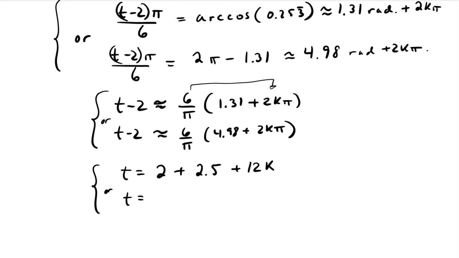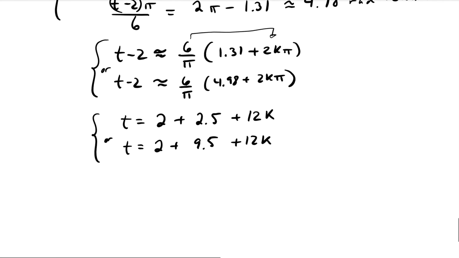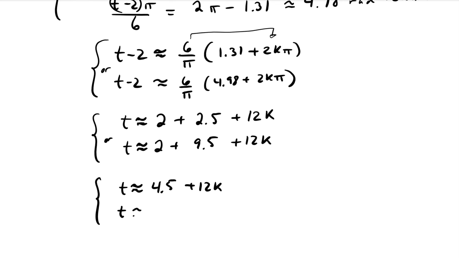Or t is 2 plus 9.5 roughly plus 12k again. Okay, and then adding that, so t is 4.5 roughly, plus 12k. Plus 12k makes sense, right? Because whatever max I find, if I add 12 to t, it's going to give me another maximum. And here I get 11.5 plus 12k.